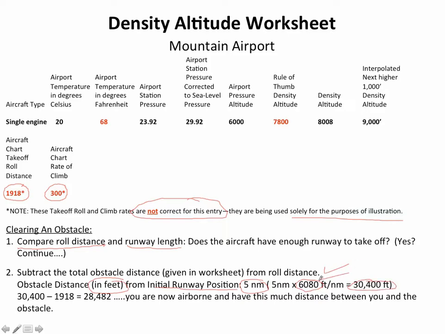Again, the actual is 6,076 feet, but for demonstration purposes, we're using 6,080. So we take the distance to the obstacle, we subtract the roll, because we're still on the ground while we're rolling. So after we are airborne, we have 28,482 feet. That's the distance between you and the obstacle.